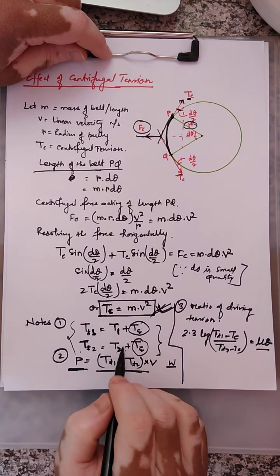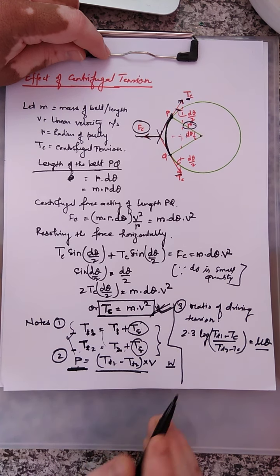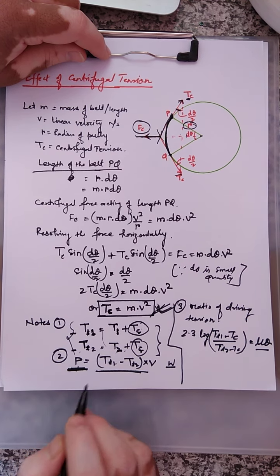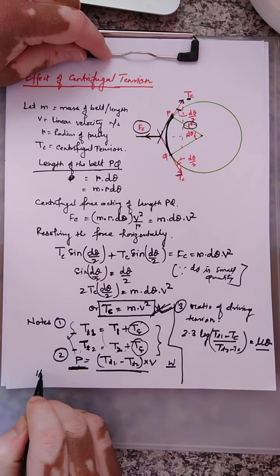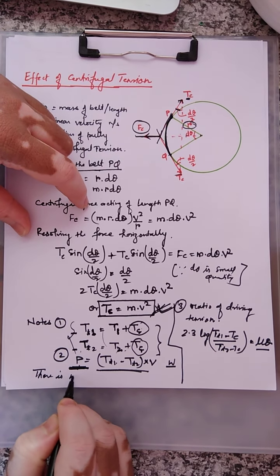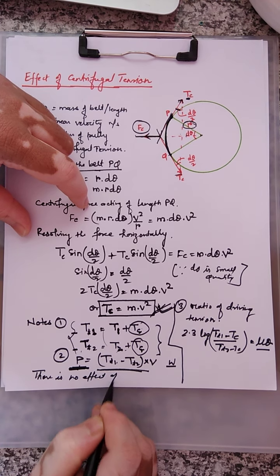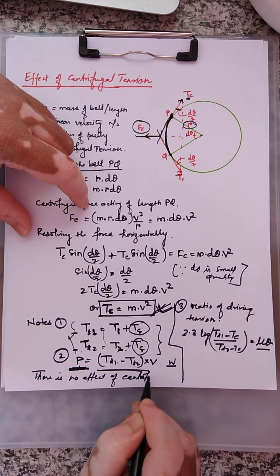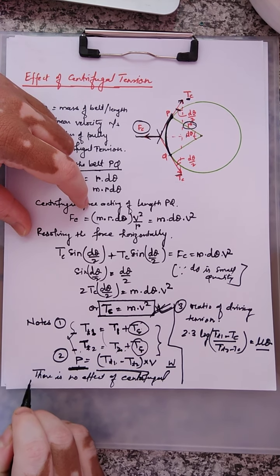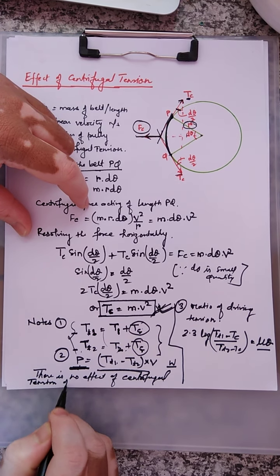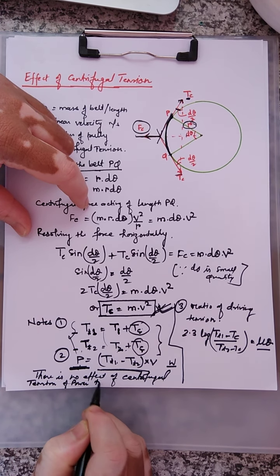Now the second important note: the power transmitted by the belt will be T1 minus T2, that is tension in the tight side and tension in the slack side, into V. And the conclusion we can draw is that there is no effect of centrifugal tension on power transmission.